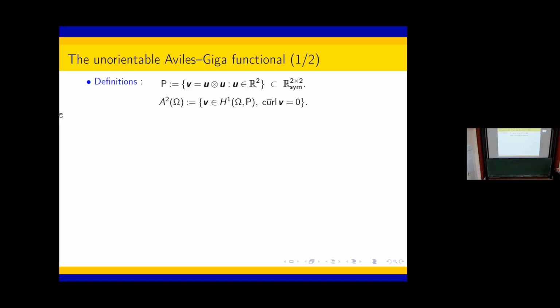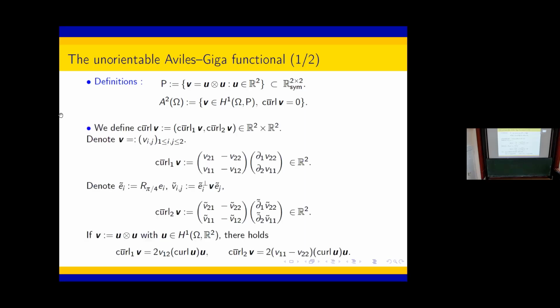So I create an operator which is curl bar. Okay, and don't look at the definition; look at the first line. Curl bar is defined for two vectors in R2. For a vector u, the curl of u is just a scalar.